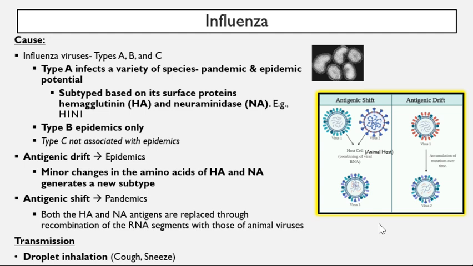Pan means all, so that's how you can remember it. Epidemics are just more regional. Type A can cause pandemics or epidemics, while type B is mostly just in localized places.